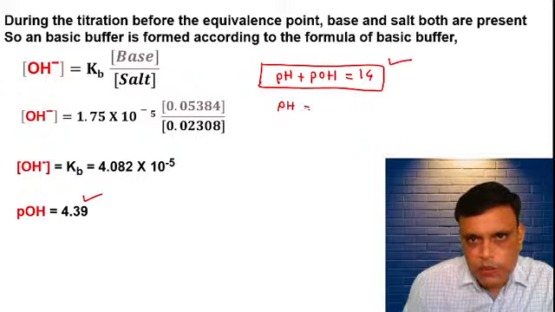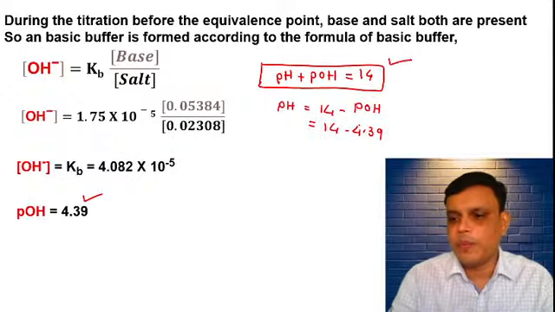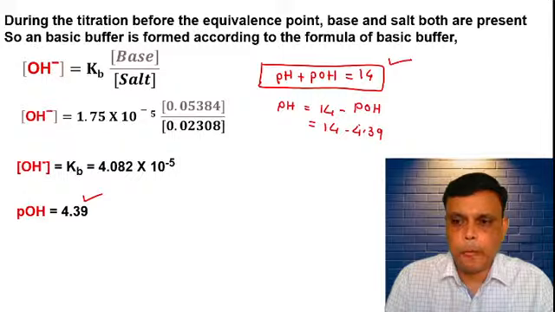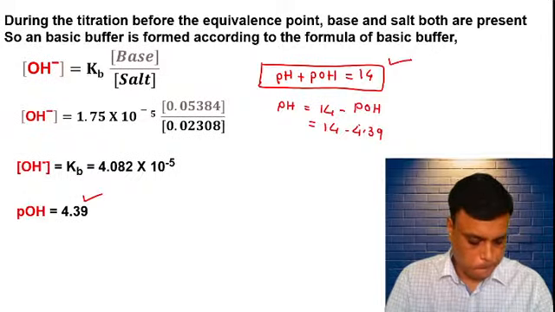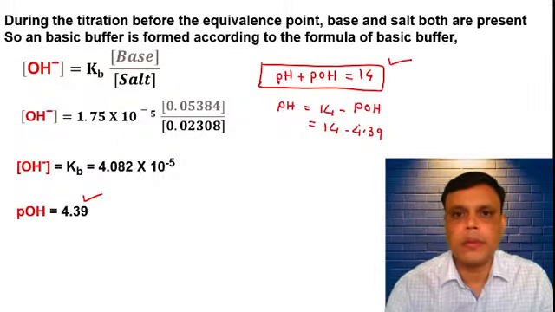So pH is equal to 14 minus pOH. So 14 minus 4.39. कितने आ रही pH की वैल्यू? Tell me the value of pH. 14 minus 4.39.